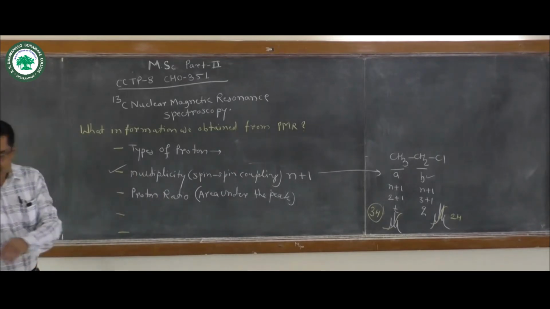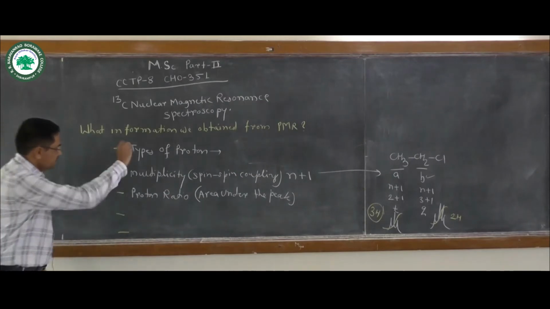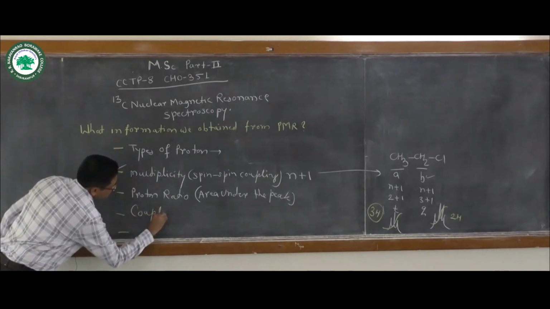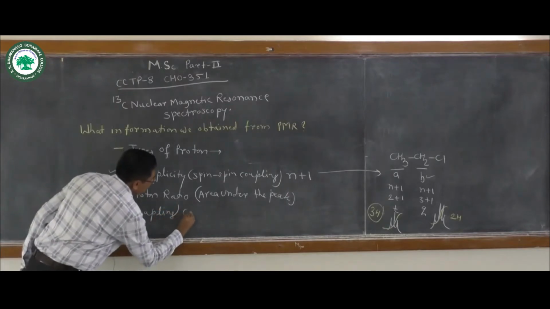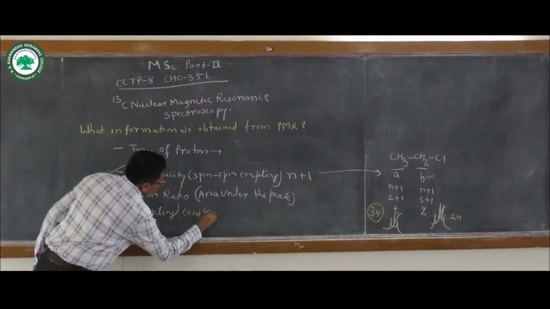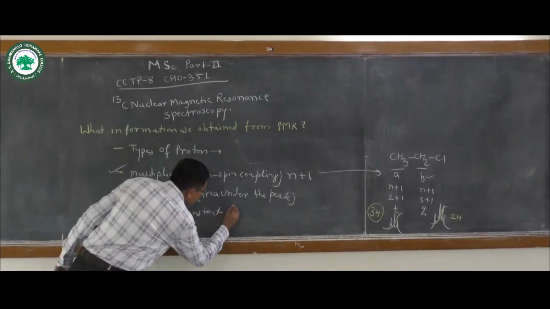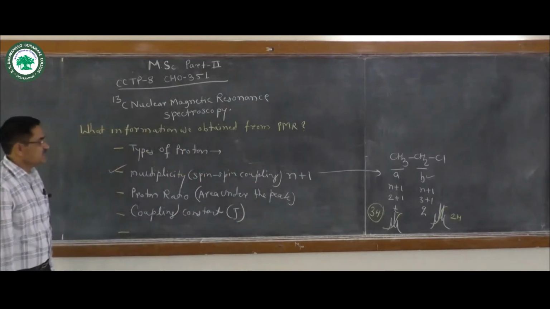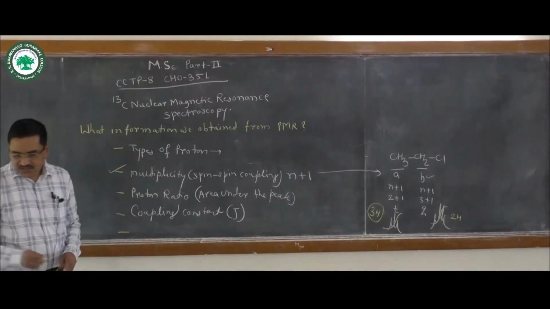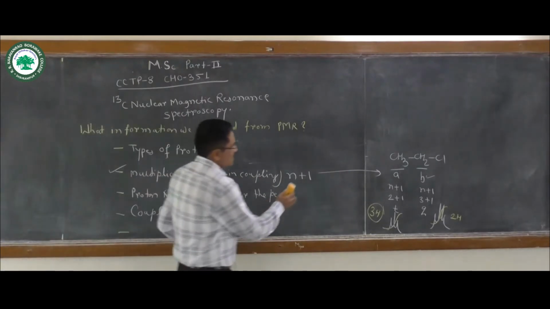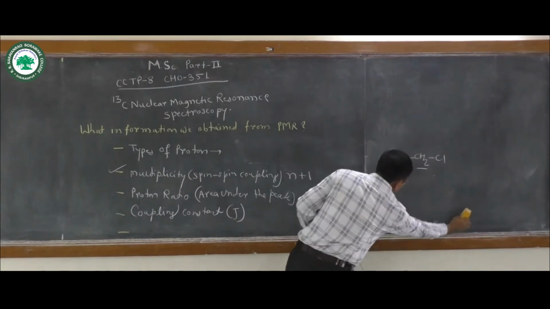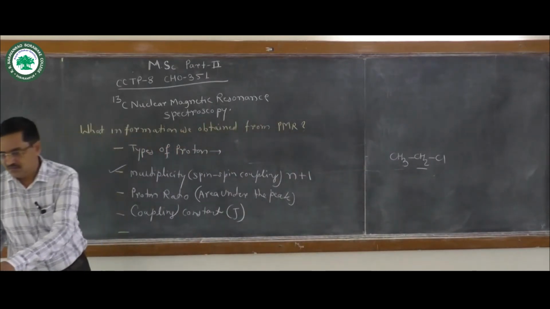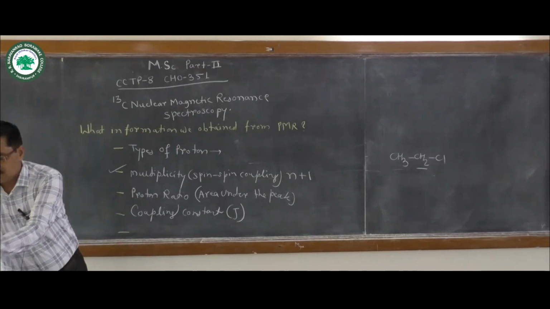And the next point is the coupling constant, which is denoted by J. Suppose here again we take this example, chloroethane.